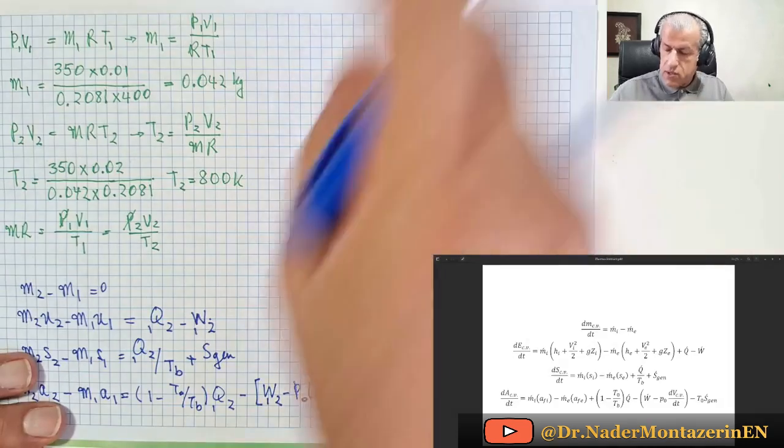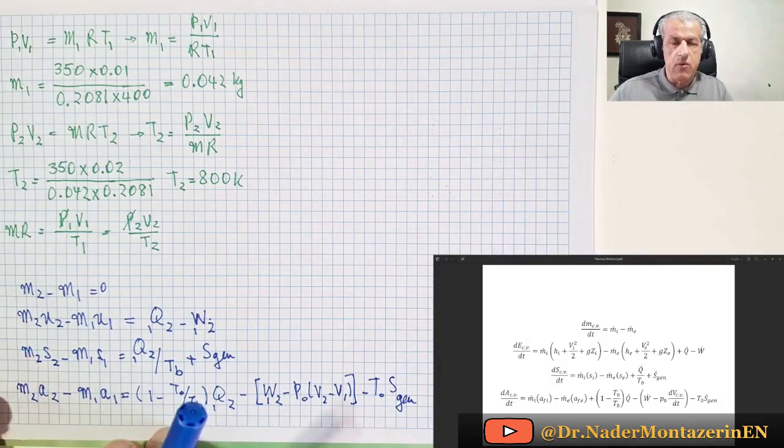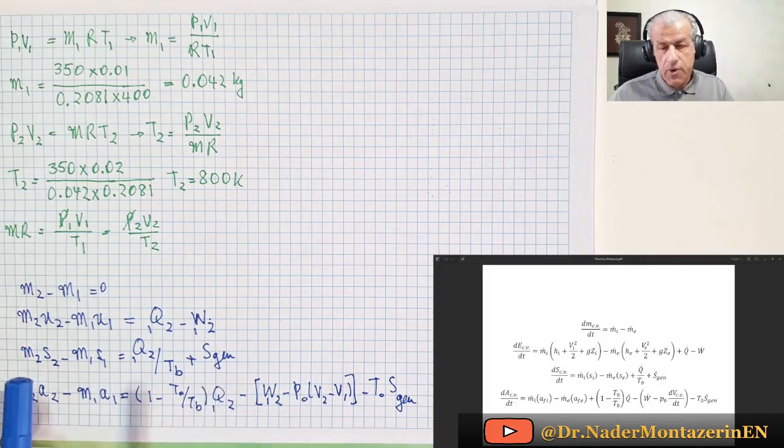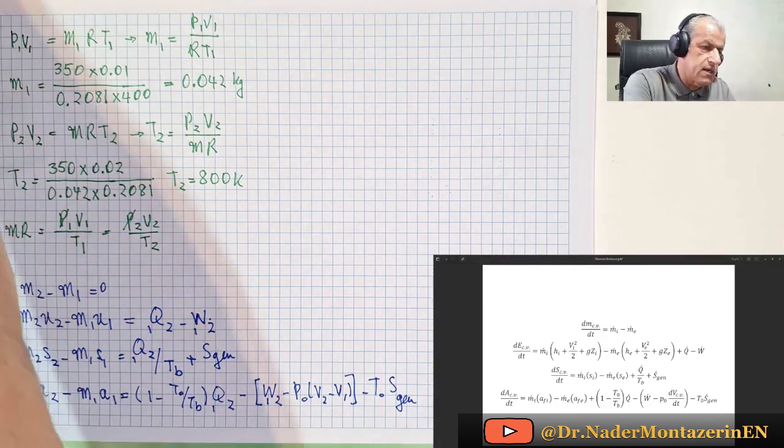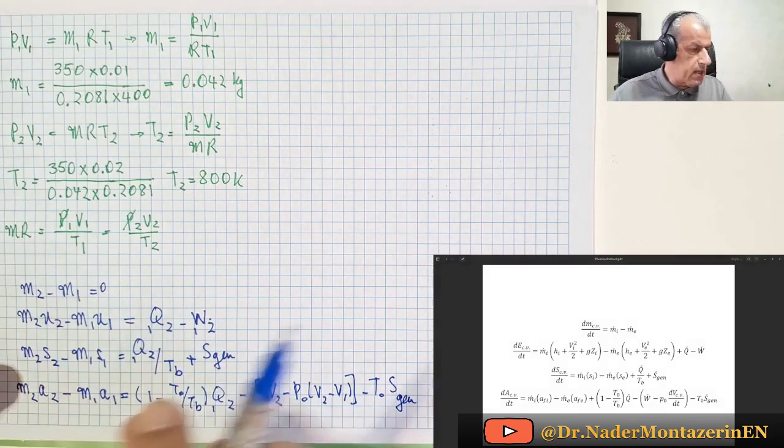Now, I try to simplify these equations and calculate different properties between initial and final condition. Now, let's try to do that.